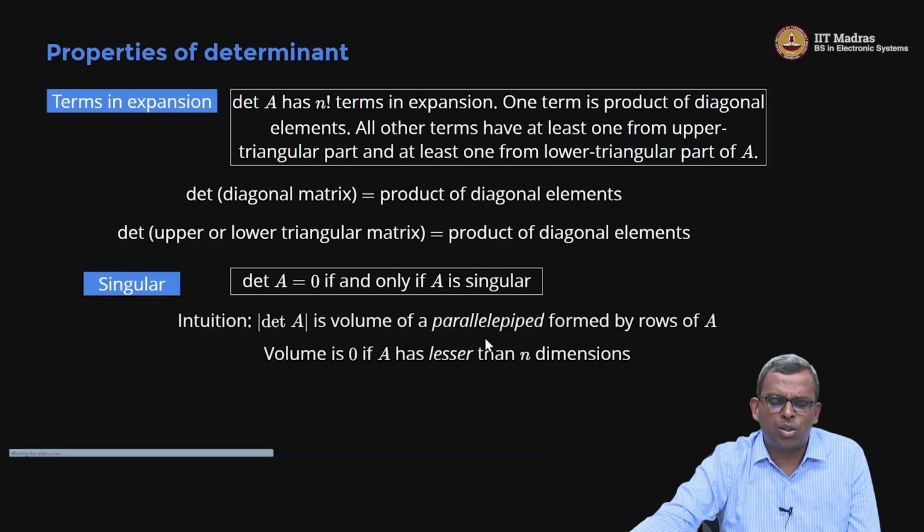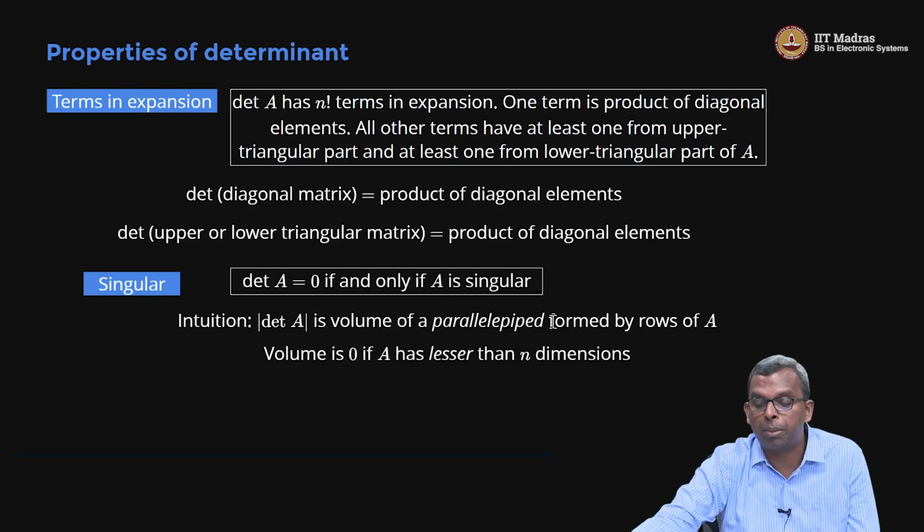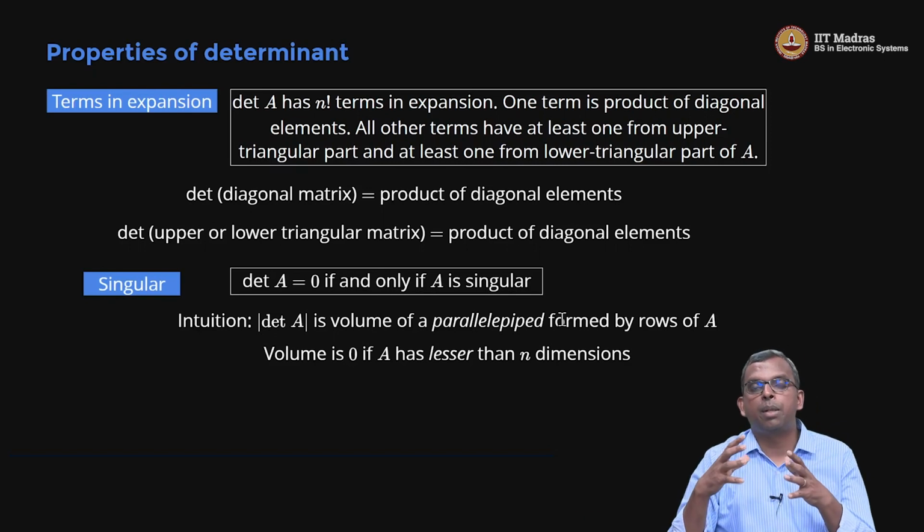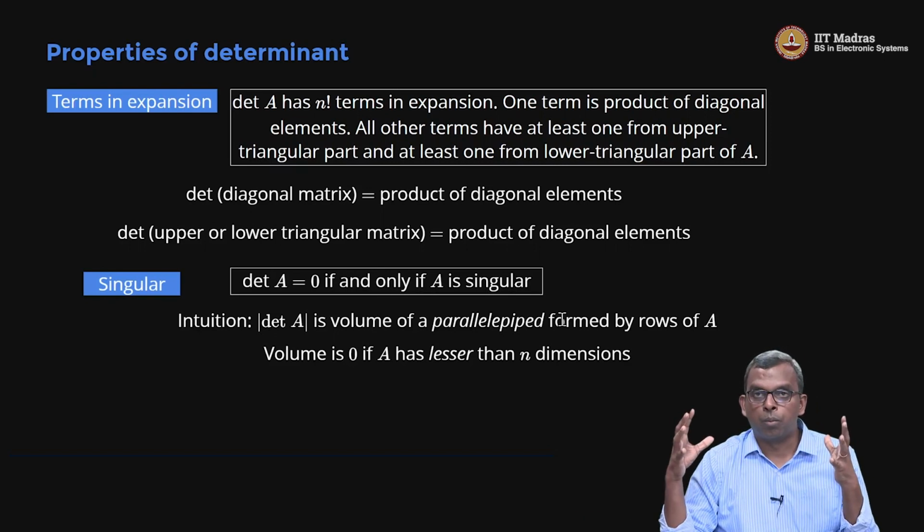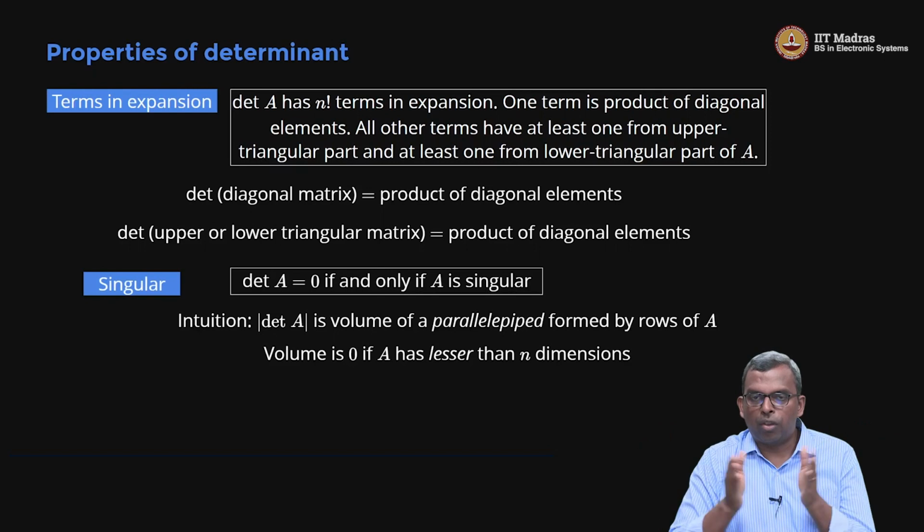Why is this true? There are ways to prove it. We will not prove it in this class. The intuition is basically that the absolute value of the determinant of A is some sort of volume of an n-dimensional figure, an n-dimensional parallelepiped formed by the rows of A. I'm not going to go into details. Determinant of A is an n-dimensional volume. Now, if the rows of A are linearly dependent, then you don't have n dimensions, right?